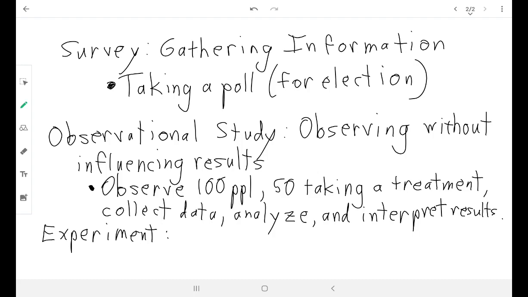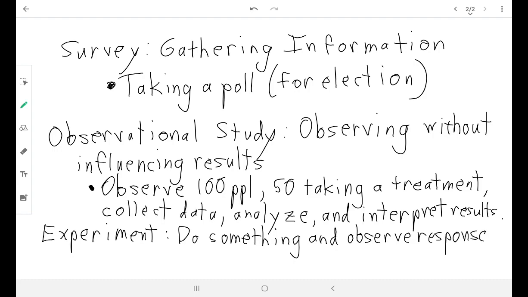An experiment is where you do something and observe the response. You actually do something to purposely change the environment.